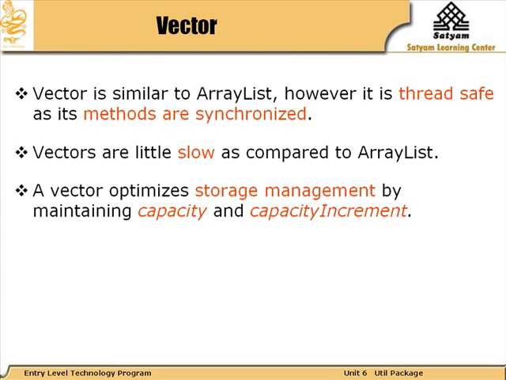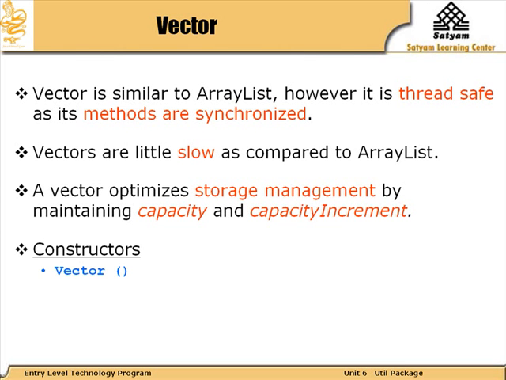A Vector optimizes storage management by maintaining capacity and capacity increment. That is, the Vector automatically manages the capacity by incrementing or decrementing it depending on the elements added or removed from the Vector object.